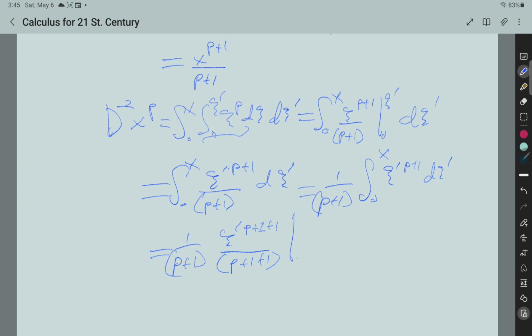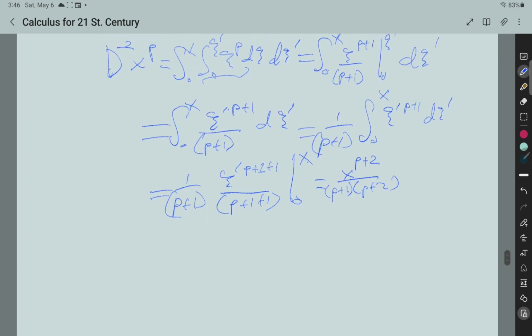And then the limit of integration would be 0 to x. So put x into c prime. So then I have x raised to the p plus 2 divided by p plus 2 and p plus 1.